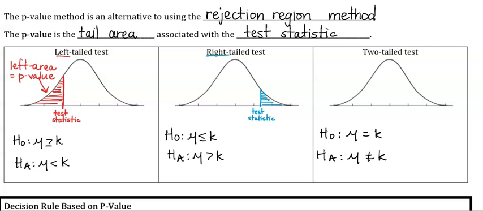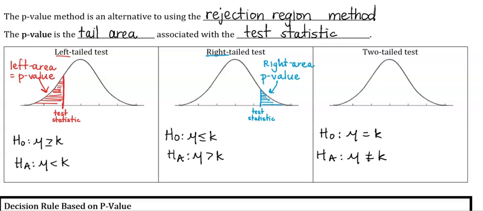So I shaded to the right of that test statistic because this was a right tail test. This right area over here would be our p-value. P-value is short for probability value. And in a little bit, we'll talk about how we use that value to make a decision for our hypothesis test.